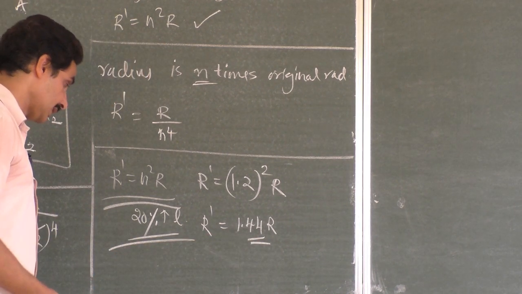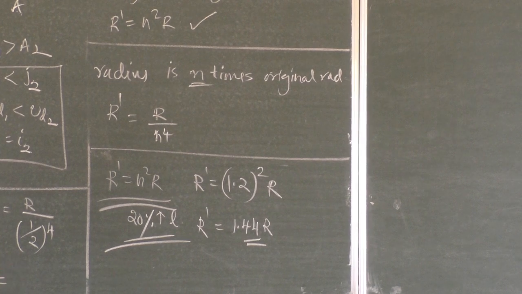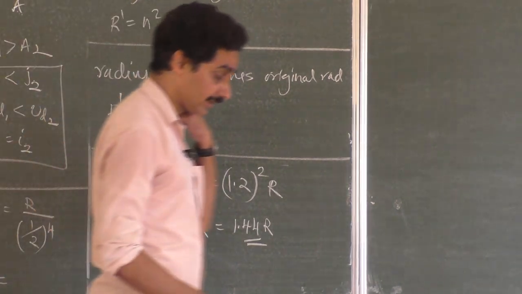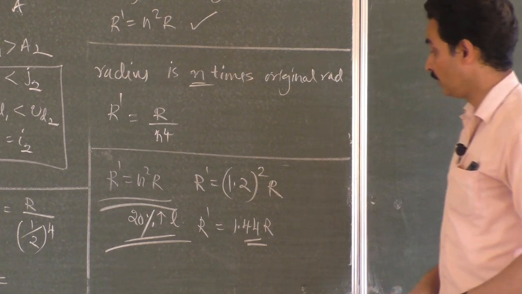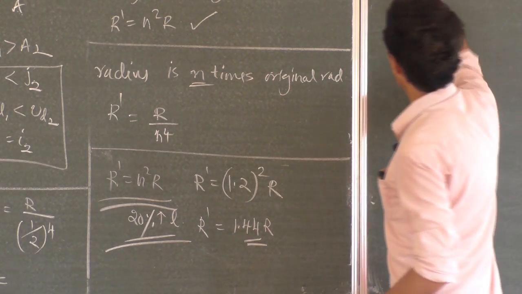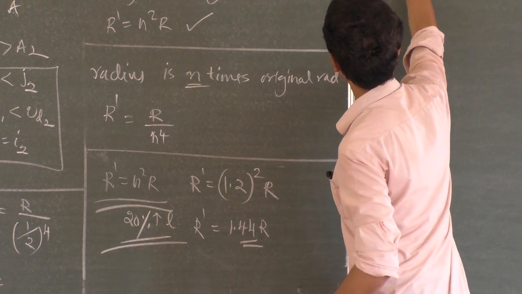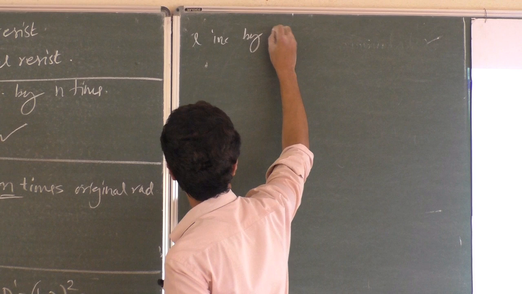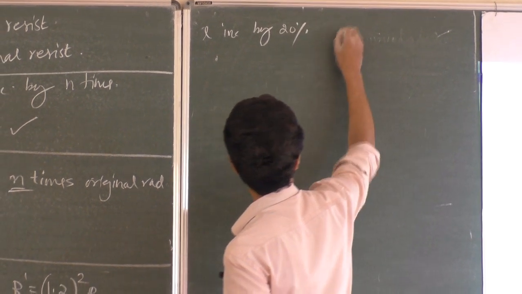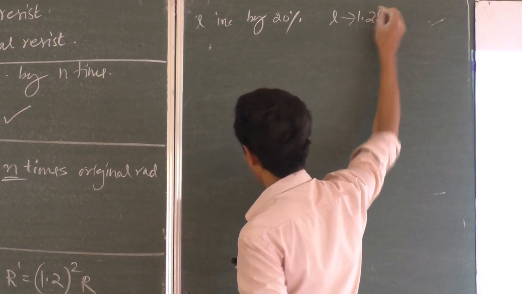But now the question is not 20%, it is only 2%. So I forgot to discuss it in the previous class. What about 2%, 1%? Of course, you will do that yourself. If L increases by 20%, how do you write it? L becomes 1.2 L. Am I right?